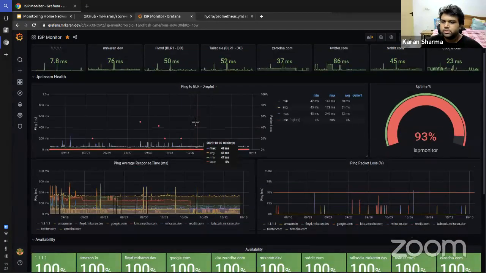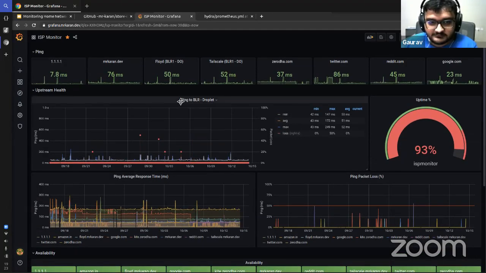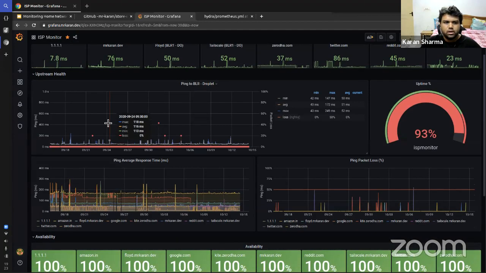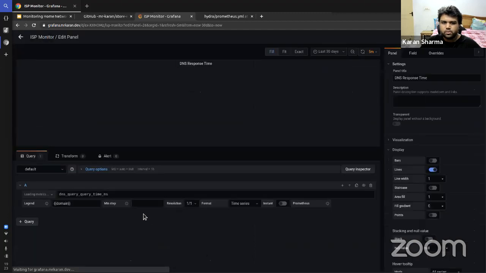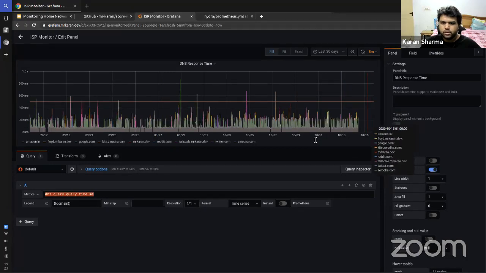Is my browser tab still visible? Okay. So like I was mentioning about the Grafana dashboard, you can see the DNS. This is also a Telegraf input plugin, and it's a metric which tells you the response time for the DNS queries.